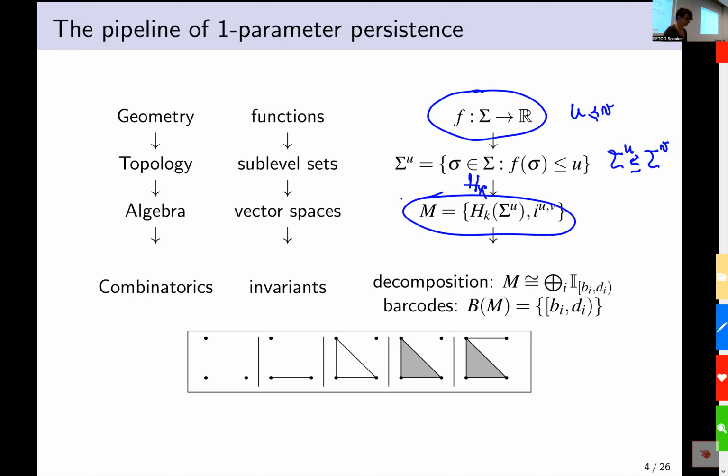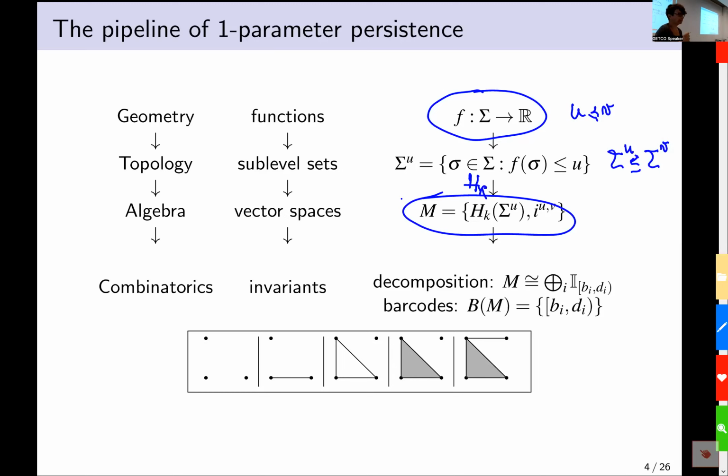Some people approach persistence modules from the point of view of commutative algebra and quiver representation theory, and from that they immediately have, thanks to a famous theorem by Gabriel, that it is possible to decompose the persistence module as a direct sum of submodules, all of the same shape.